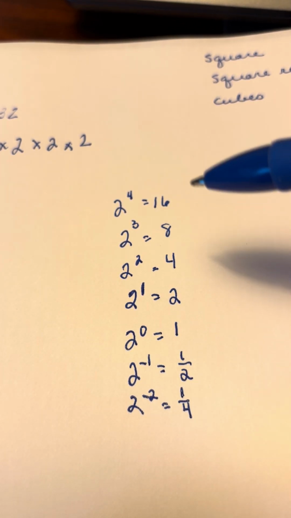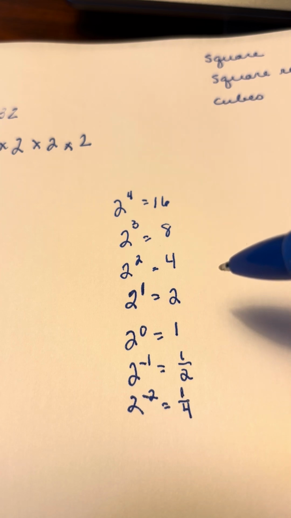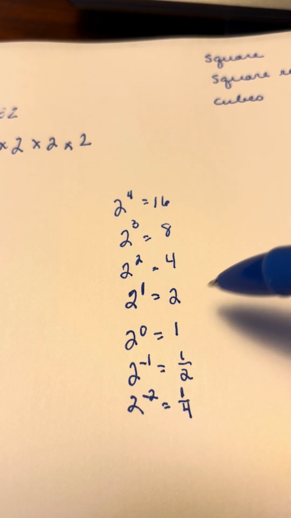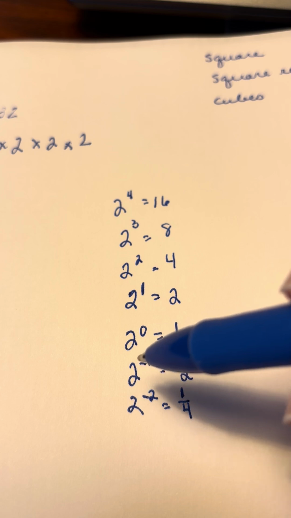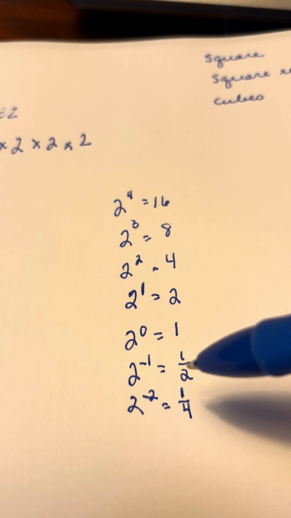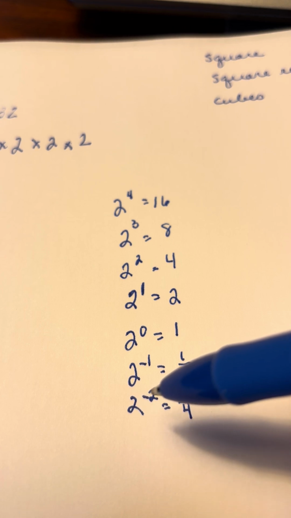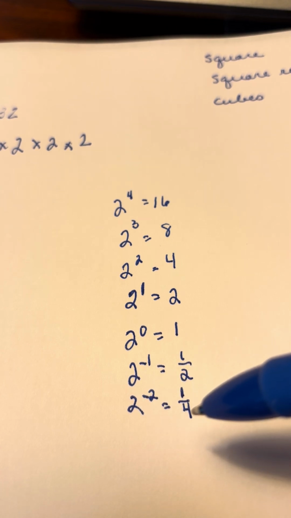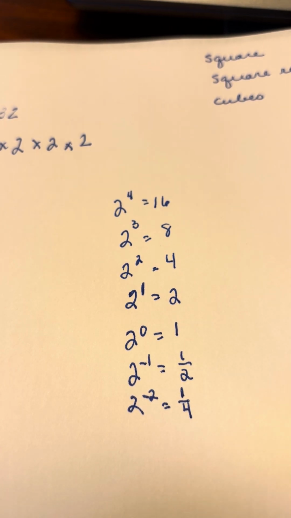This was really great when I saw this the first time. But another way to think about it is if you have a negative exponent, do it as a regular exponent, so 2 squared is 4, but it's negative, so flip it. The negative means you flip. I actually don't think those are going to be on the test because your study guide specifically says squares, square roots, cubes, and cube roots of numbers.